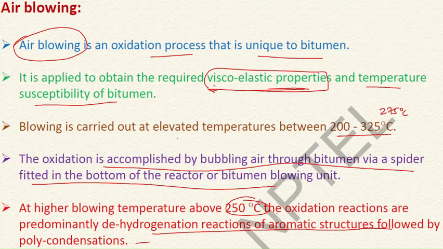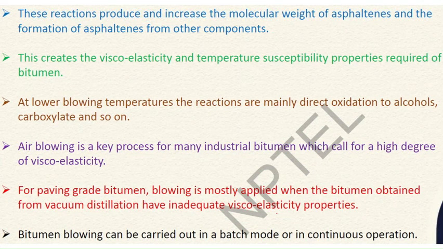These reactions increase the molecular weight of the asphaltenes. If more condensed aromatic structures are formed, that adds to the asphaltene content and the formation of asphaltenes from other components. This creates the viscoelasticity and temperature susceptibility properties required for bitumen.